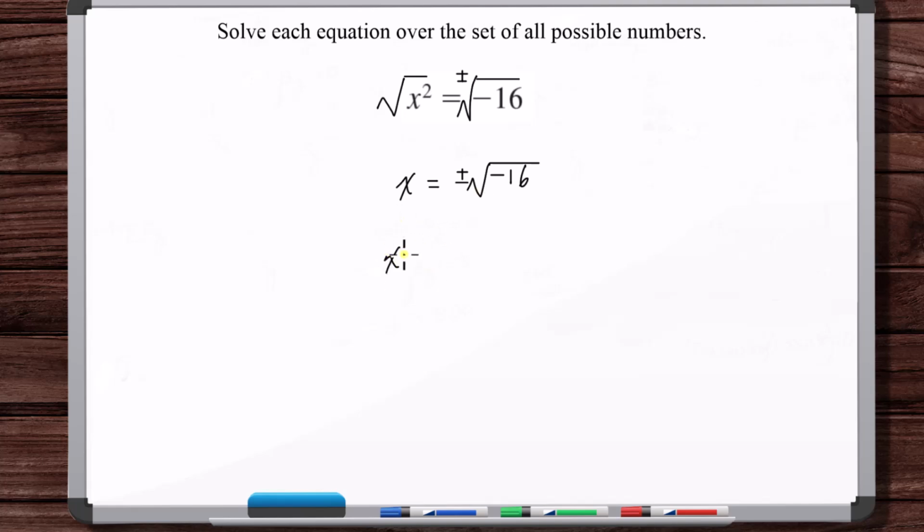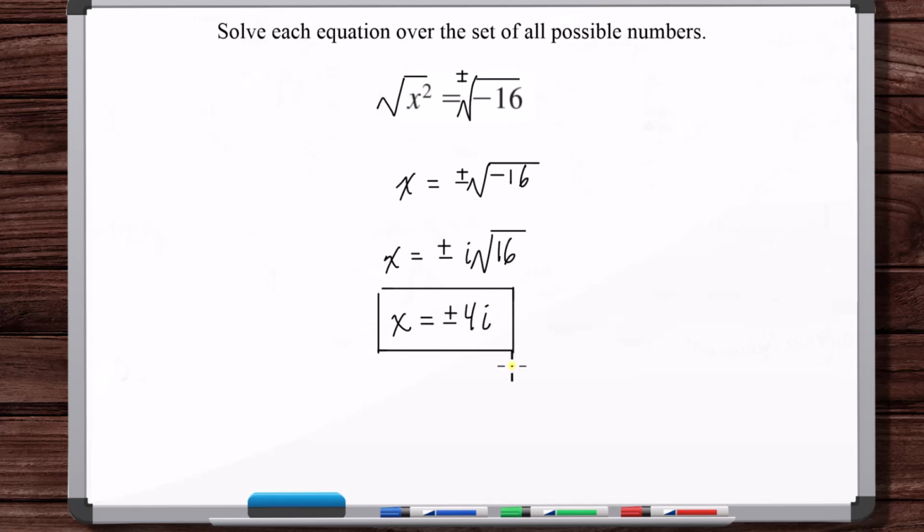But we do know how to solve this. We take out an i and we're left with the principal square root of 16, so this is plus or minus 4i. When you think about this, the original equation was x squared is equal to minus 16, right?